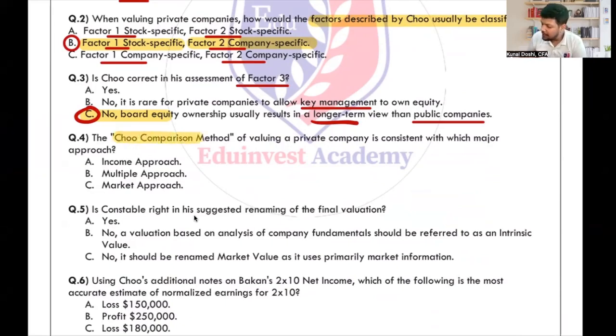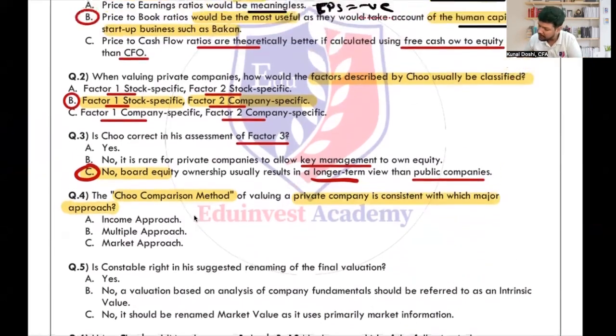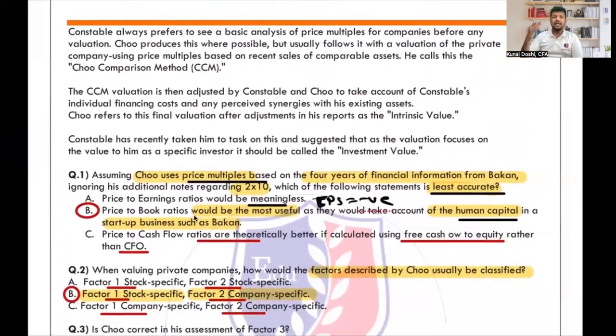The comparison method of valuing a private company is consistent with which approach? So they are using a comparison method, the comparable company approach, right? Income approach, multiple approach, market approach. Let's see what information they provided for this. Constable always prefers to see a basic analysis of price multiples before any valuation.